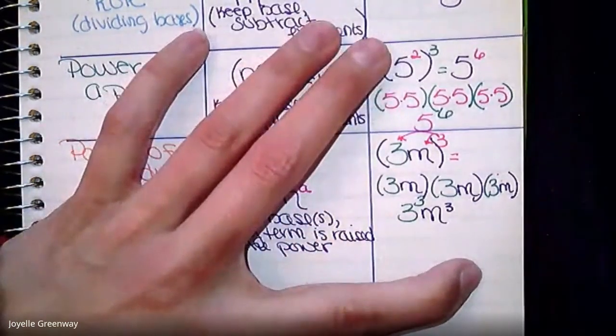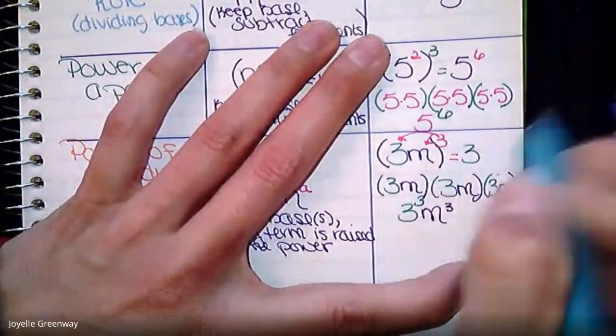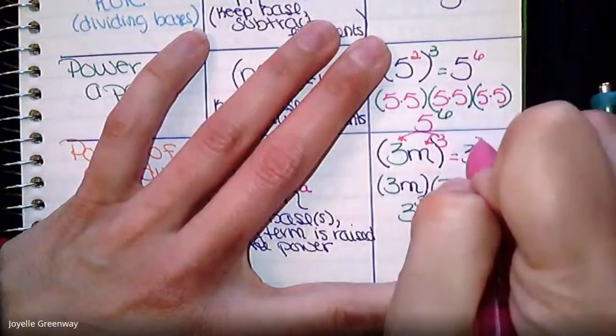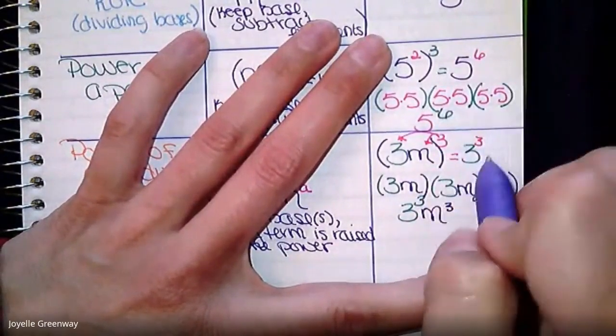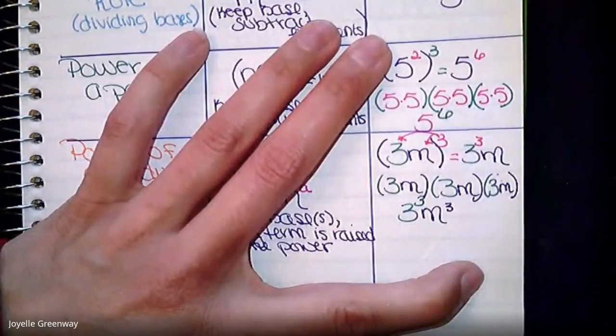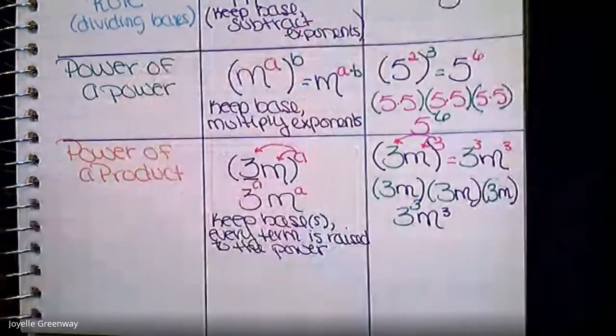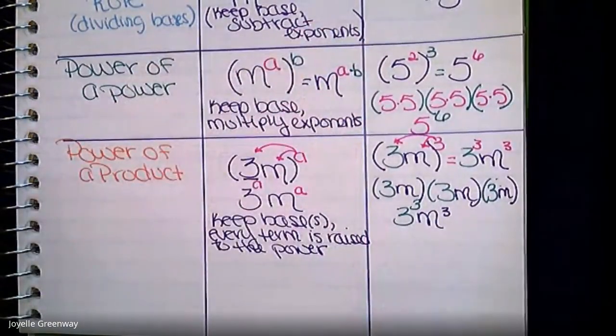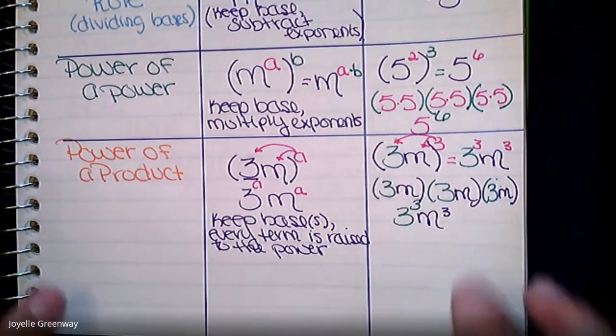So that's what gives me 3 to the third times m to the third, which is what we have down here. So that's the power of a product rule.